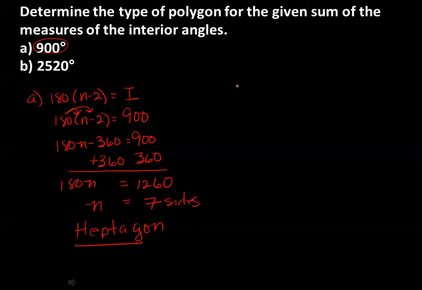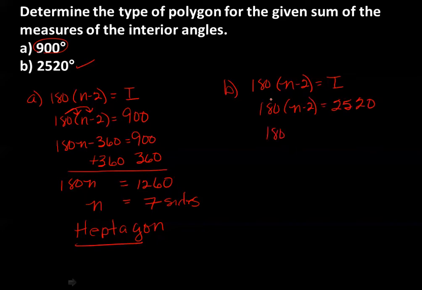Alright, in the second one, I'm going to have the same formula. It says the sum of the interior angles is 2,520. So I've got 180 times n minus 2. I'm going to replace that sum with 2520. I'm going to go ahead and distribute my 180.